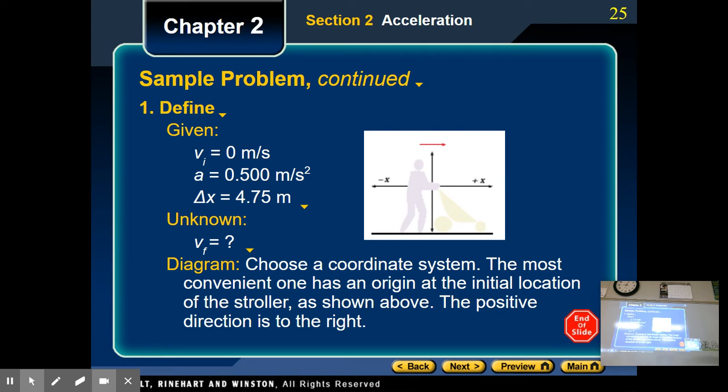Anything typically to the right or east or up or north is considered positive. Anything down, south, left, west is considered negative. When we are talking about vectors and displacement, positive and negative values are indicative of direction, not necessarily value. It describes direction of velocity and direction of acceleration. That's why these are important.